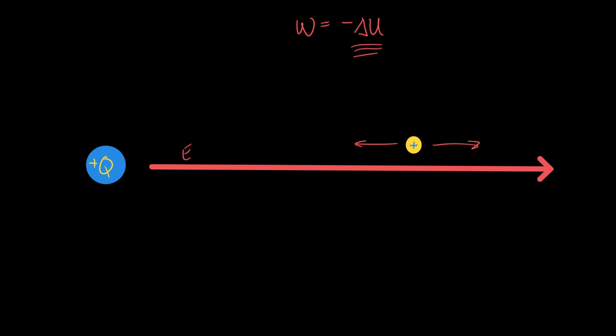So at the same time that I'm doing positive work, the electric force is doing negative work, because the electric force is pushing to the right, but the particle's going to the left. So while I'm doing positive work, negative work is being done on the particle by the field. It's the work done by the field onto the particle.